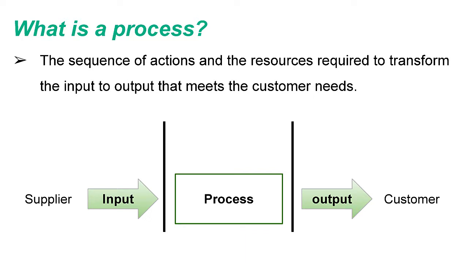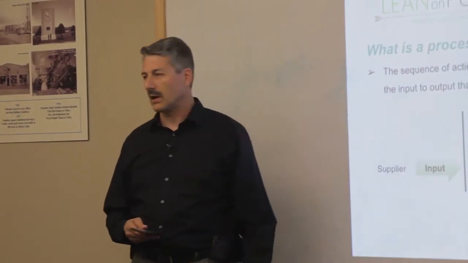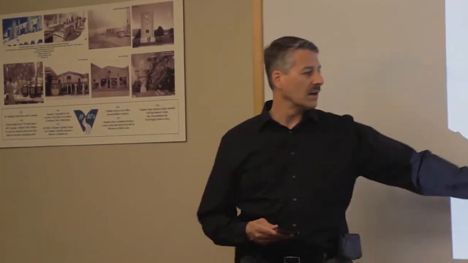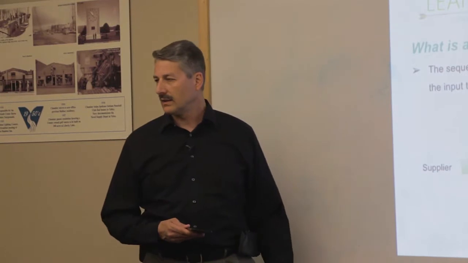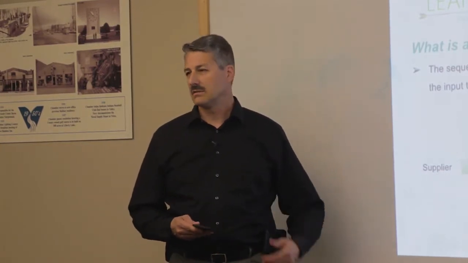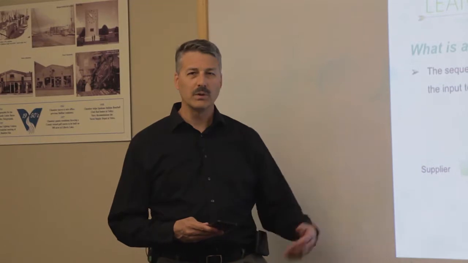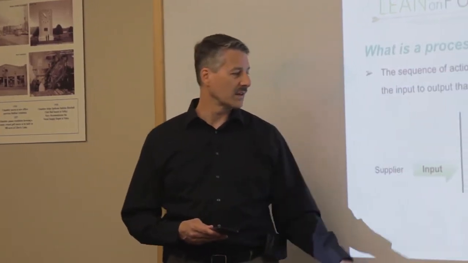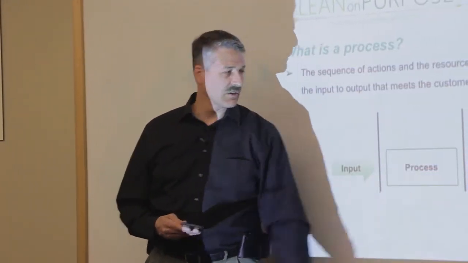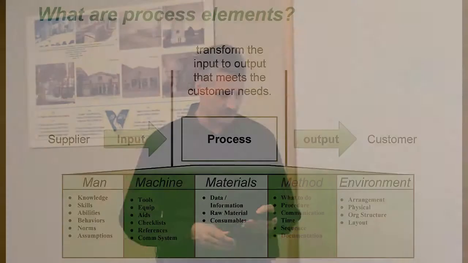So when you're looking at your processes, frankly, we want to understand what the input is to the process step, and then your process step, since we're talking about changing something, adding value, you would want to describe it in an action, verb type of thing. And then identifying the output and who the customer of that process step is.